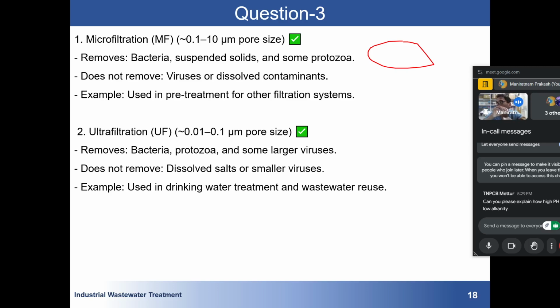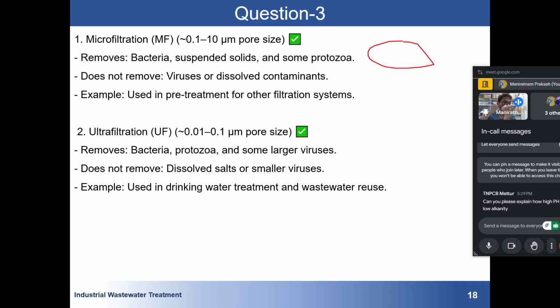We take our sample with a syringe, put it on this side, and apply pressure. All the contaminants get attached here, and we have filtered water.